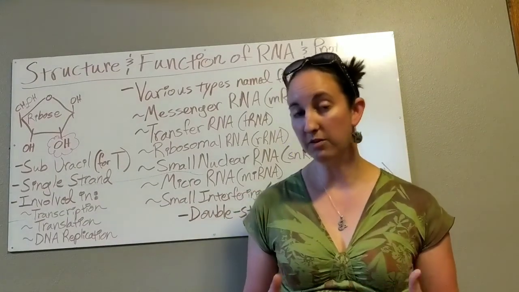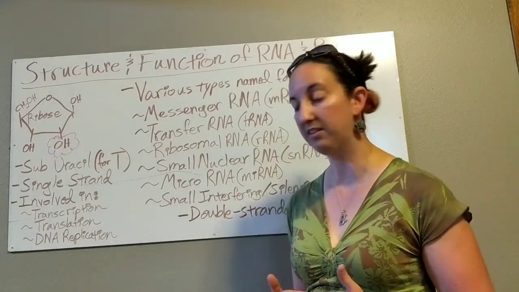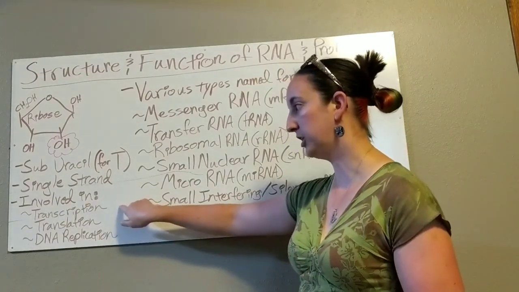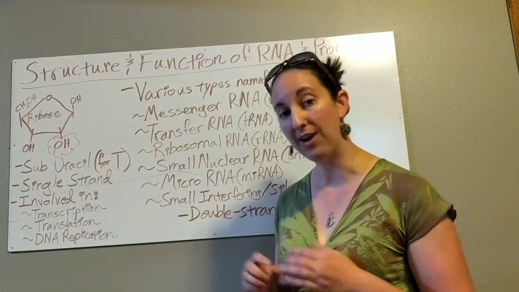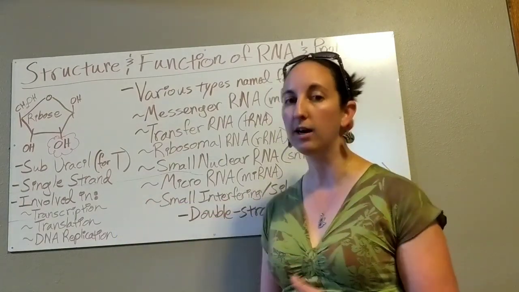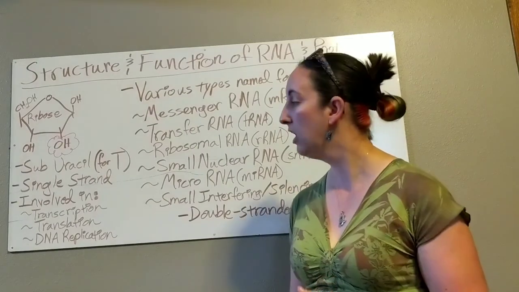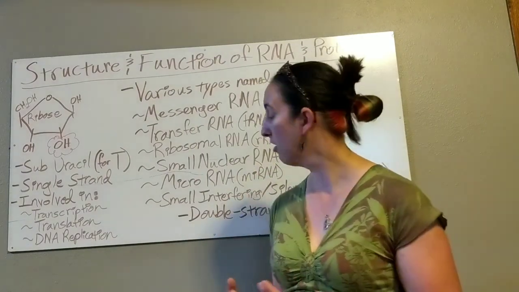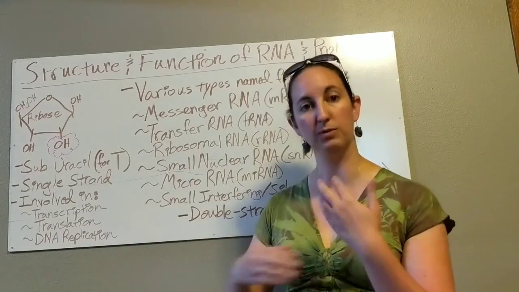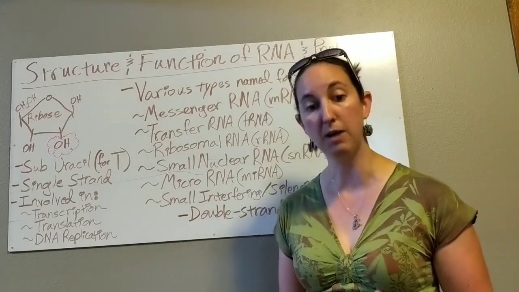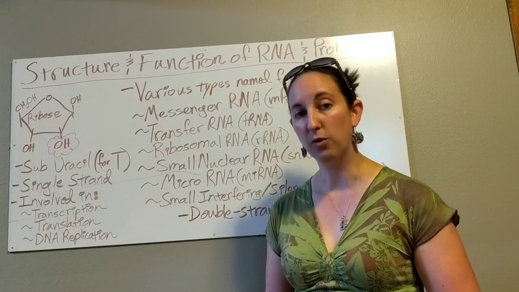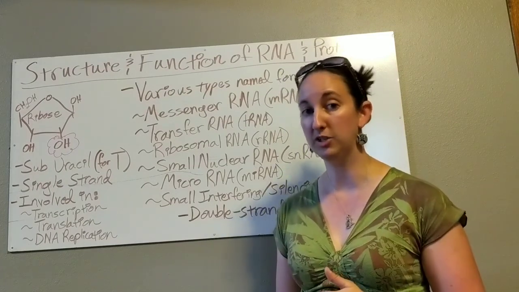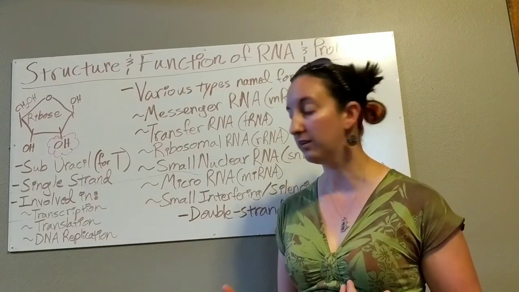So looking at some of those different processes that RNA is involved in, let's start with transcription. We're going to go into a lot of detail about how this works next week, so I'm not going to do too much with it right now, but what you should know is that the DNA strands serve as a template for this process of transcription where we start to build the single-stranded RNA molecule. And the RNA is going to be formed in the 5' to 3' direction, just like we see in DNA synthesis.